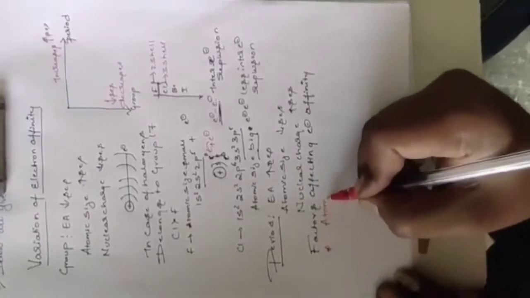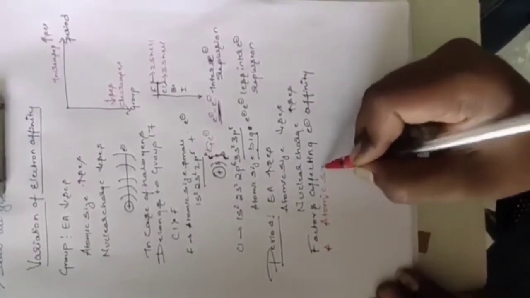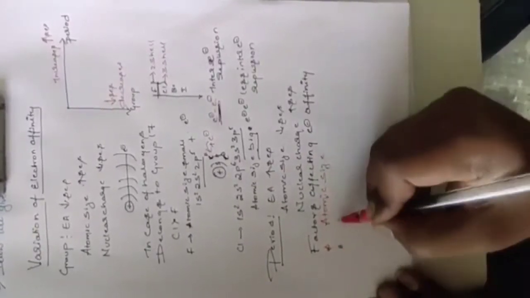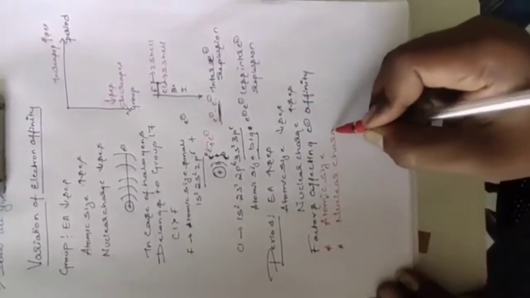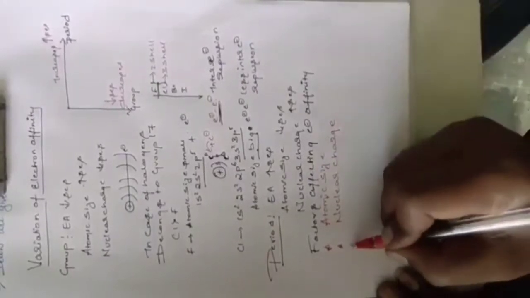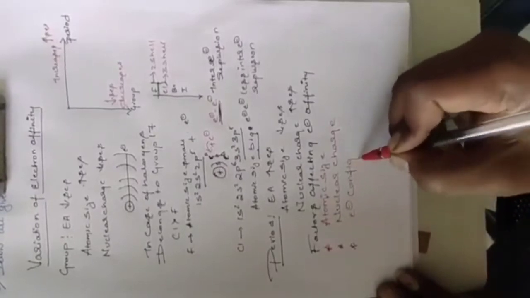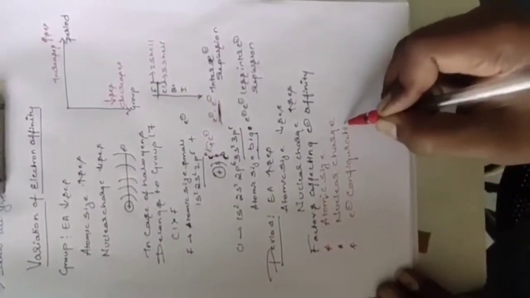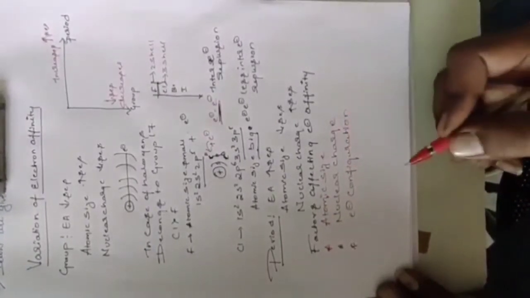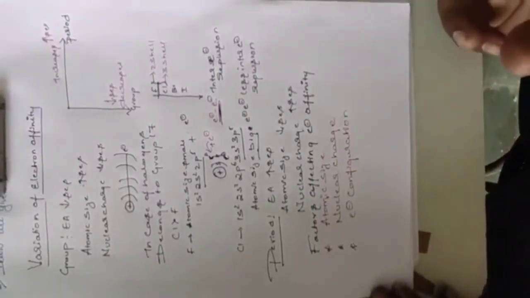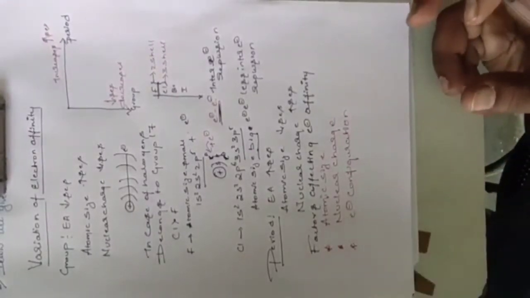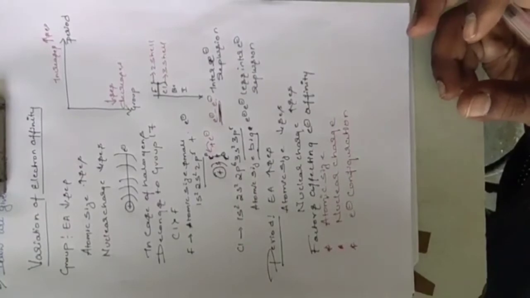Second, nuclear charge. Third, electronic configuration. How can you tell that electronic configuration will affect the electron affinity?